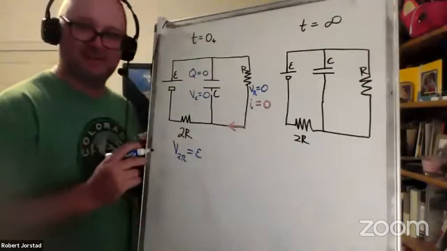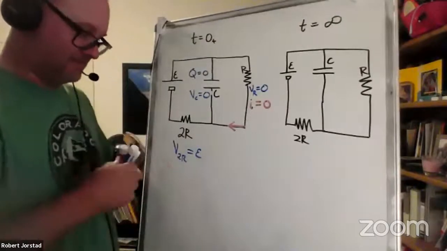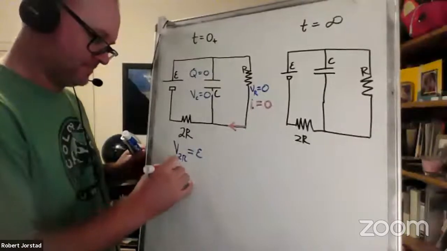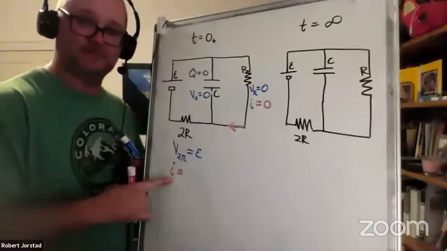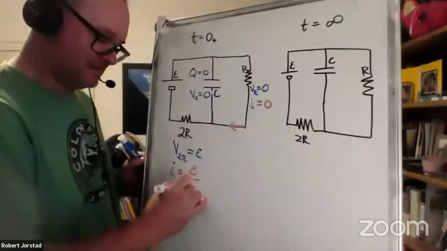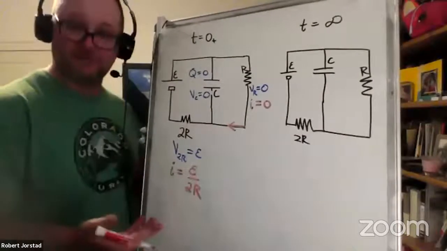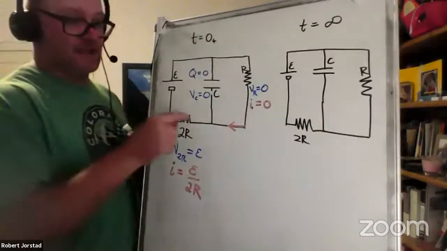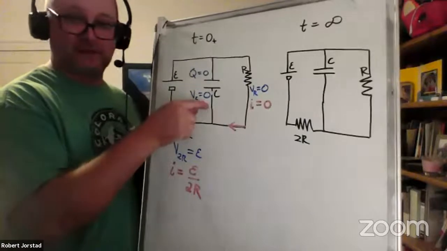Maybe. Now, what's the current over here? E over 2R. Right? Isn't that the same thing as the current through this branch?